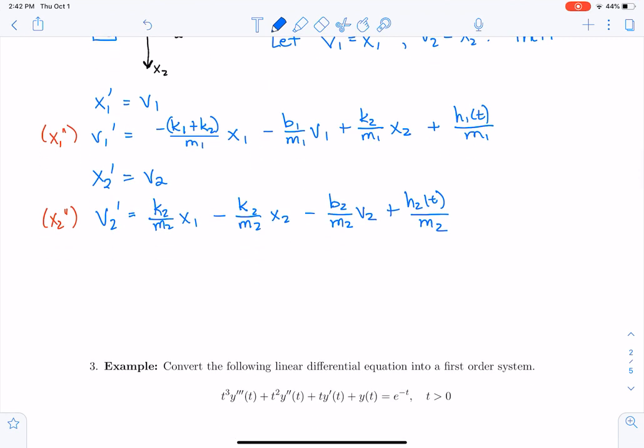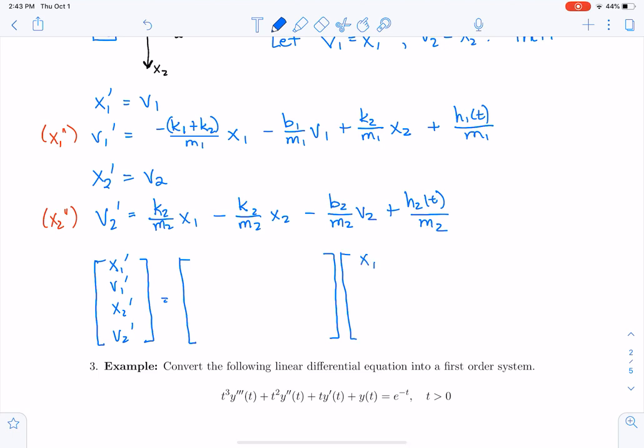So we can think about this as being x1 prime, v1 prime, x2 prime, v2 prime is equal to a matrix here times the vector x1, v1, x2, v2.